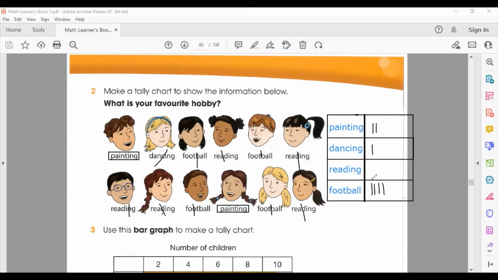So we need to make 5 lines for reading. So for painting, how many children like painting? 2. Dancing 1, reading 5, and football 4. So this is a tally chart.